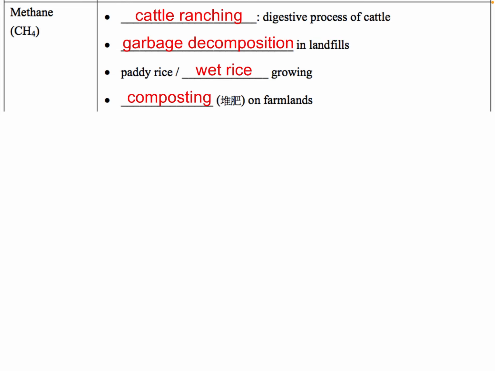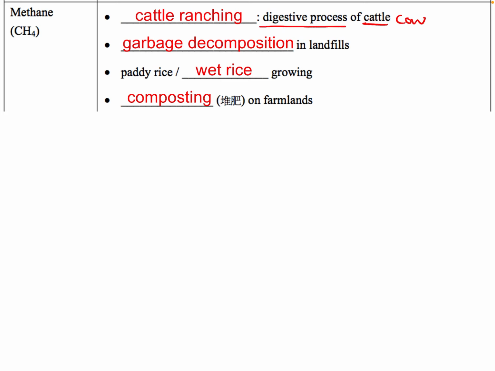So let's fill in the blanks first. Let's learn one by one. The first one is about the keeping of animals. The cattle, especially the cow. We mentioned the cow before. This time it is not about respiration.